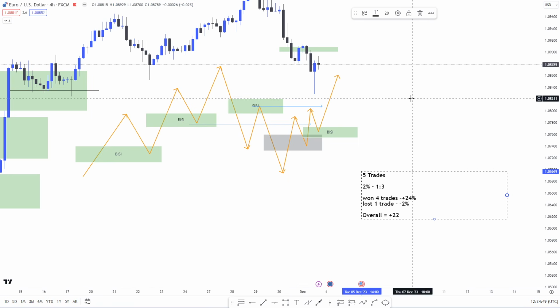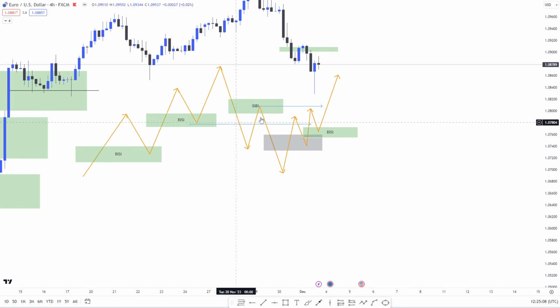There is nothing you can do about it. Even if you lost 2 trades and you won 3 trades, or you lost more trades, you would still, utilizing risk management, be there or thereabouts. That's the power of utilizing risk management.